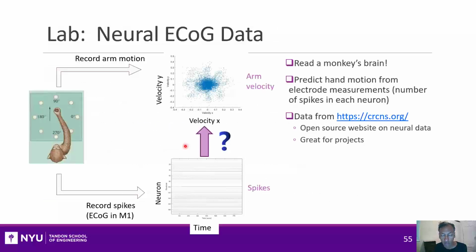Let me just briefly talk about the lab, which I think is a pretty interesting application of these concepts. So this is data from a very great website which has a lot of neurological data sets, and you can use these, say, for your project.